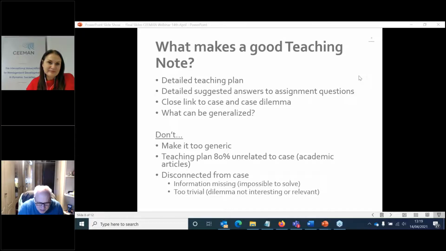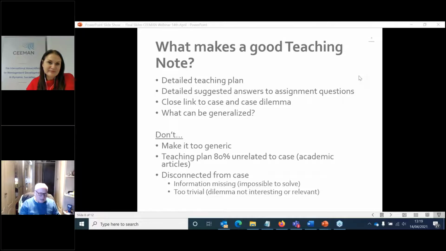And the final one is prerequisites. So if you assign articles or other prerequisites, please make it clear that these are absolutely essential. You need to read these in order to benefit from the case discussion. And these are optional. They are nice to have, but they are not absolutely essential.